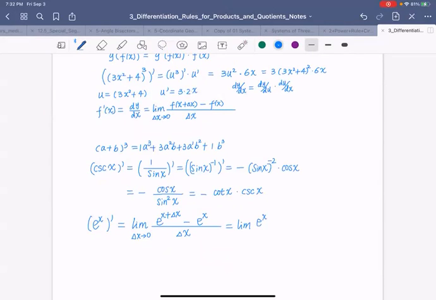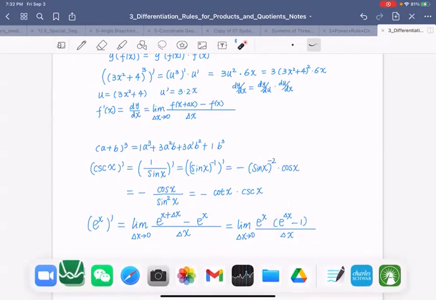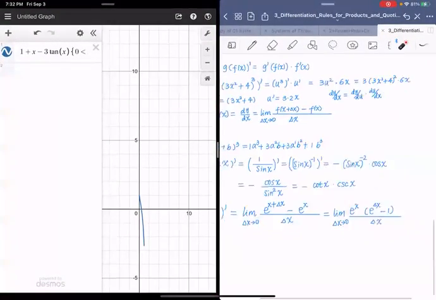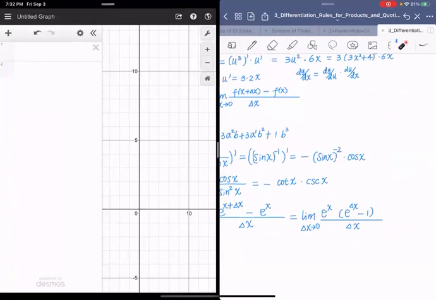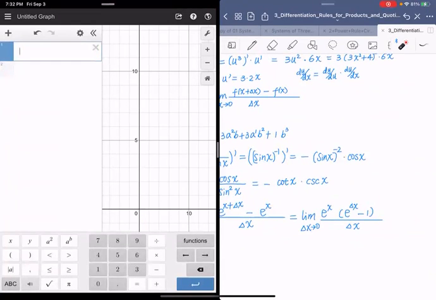Can we take this out? Do you know how much this one is? At a certain point, there is something we cannot know yet, so we have to borrow the graphing calculator.